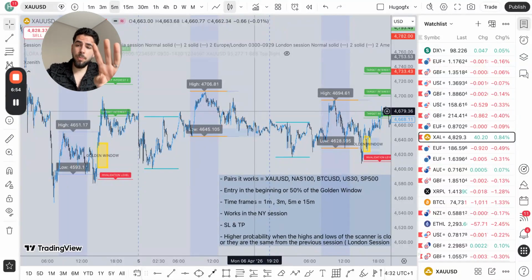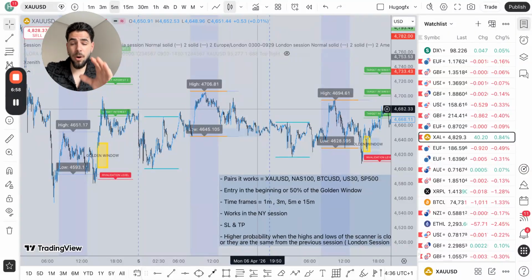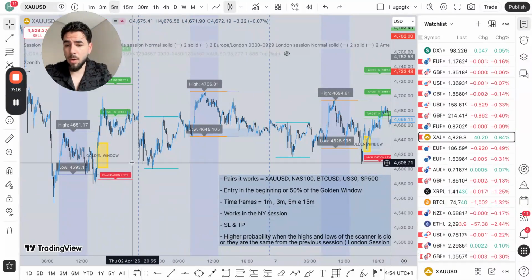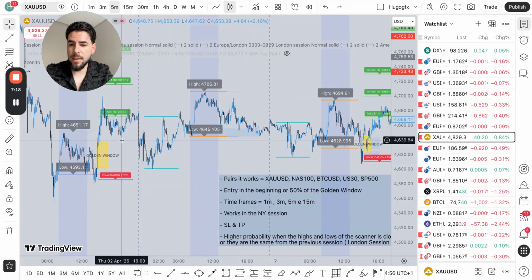Okay, the fourth point to understand about the scanner is that for now it works in the beginning of the New York session. Okay, we are also doing some updates on that, and you guys will have access to that as well. That will work also on London and Asia session. Okay, and as you can see, the stop loss and take profit is also given by the scanner.